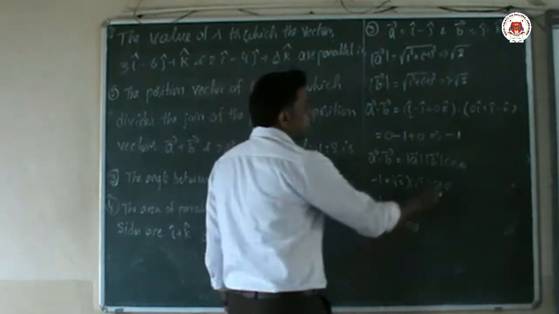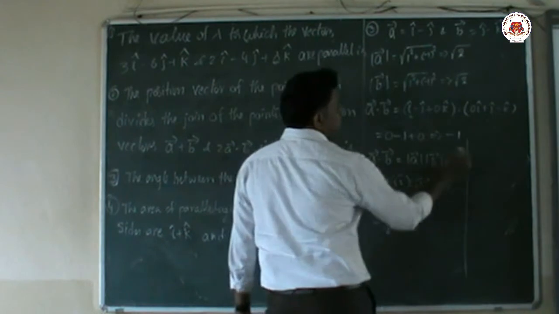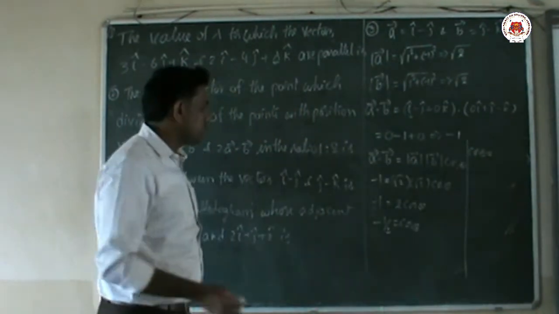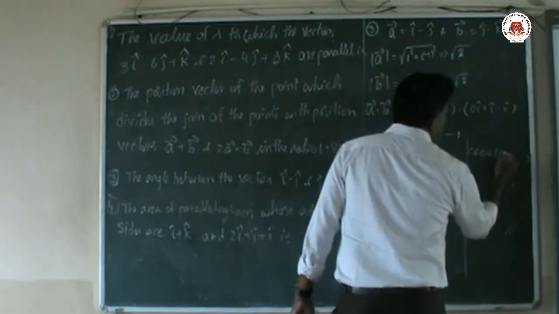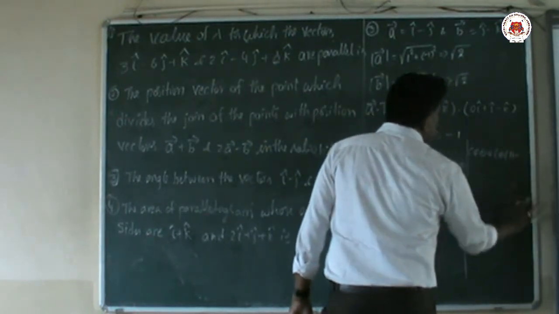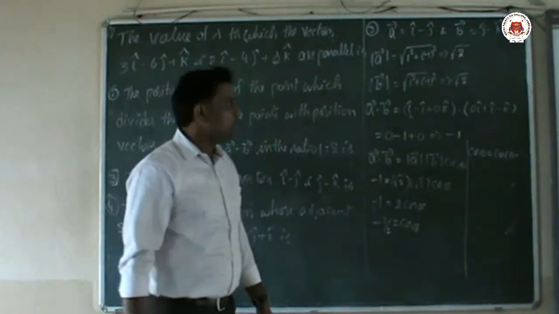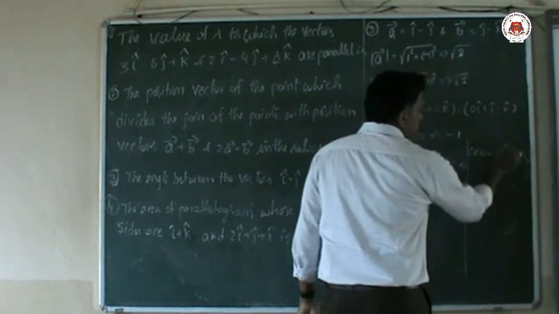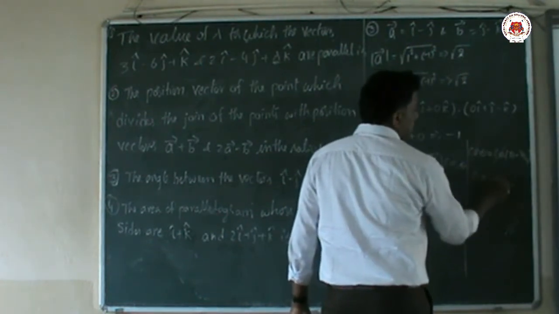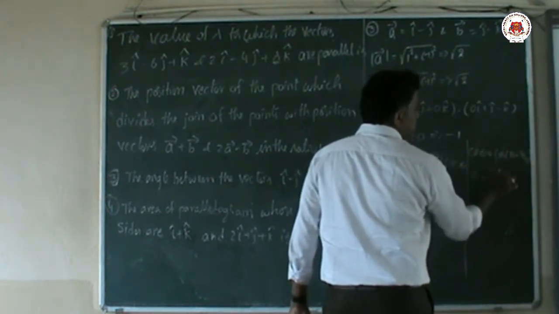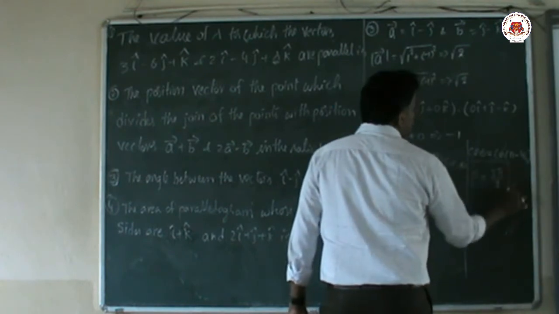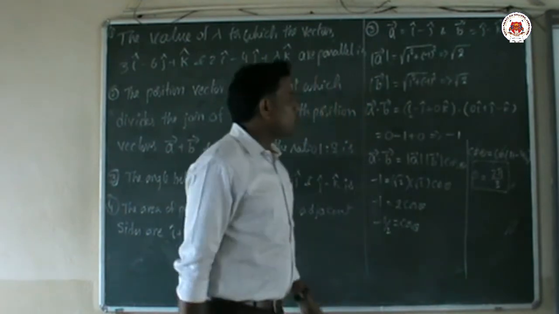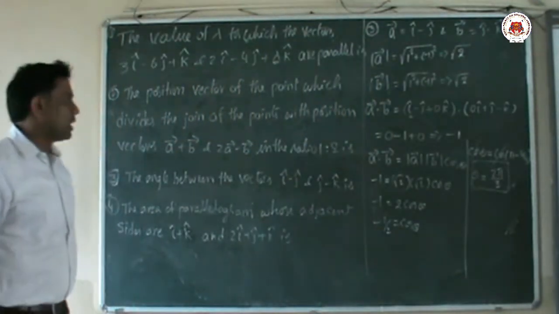If it is negative, then we can write cos theta as cos of pi minus, when the cos value is 1 by 2. Cos value is 1 by 2 when it is 60 degrees, that is pi by 3. So 3 pi minus pi is equal to 2 pi. So what is the angle between the given two vectors? The angle between these two vectors is 2 pi by 3. This is the third answer.